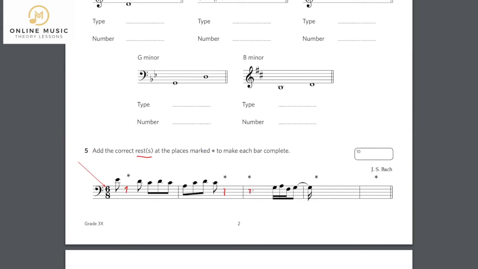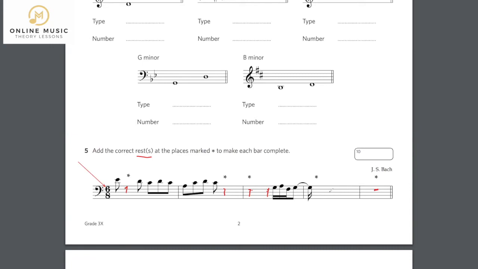So that one will be a dotted crotchet with a semi-quaver here as well. And the last one here is a little bit complicated. In fact, you've got two. This one here is a bit easier. So all you need to do for that is just draw a semi-breve.